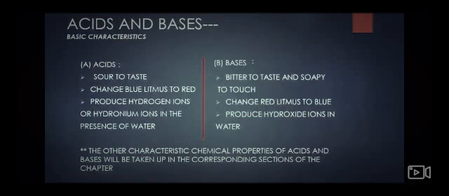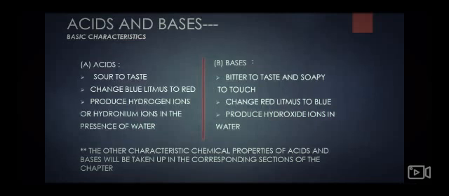Now, coming to the present chapter, what are acids? Acids, as the name derived from the Latin word acidus, means sour to taste. It changes blue litmus red. Now what is litmus?